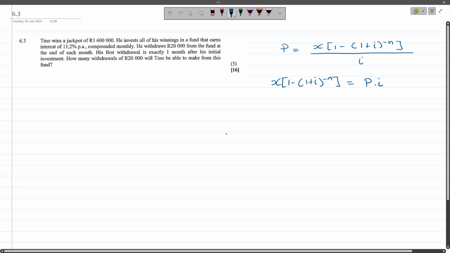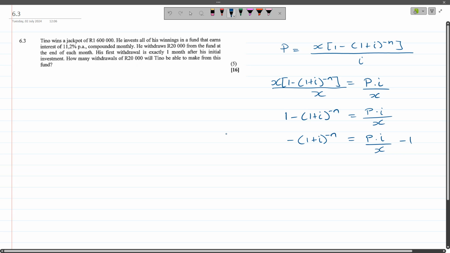Then we can divide both sides by X to get 1 minus (1 plus i) to the power of minus n is equal to P times i over X. Then what we can do is take the 1 to the other side, and we are left with (1 plus i) to the power of minus n is equal to P times i over X minus 1, like that.